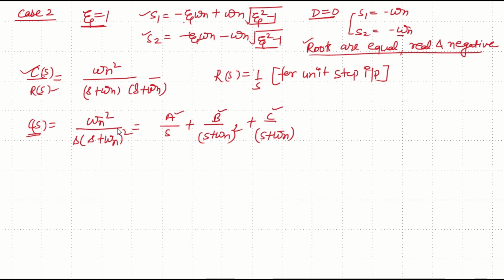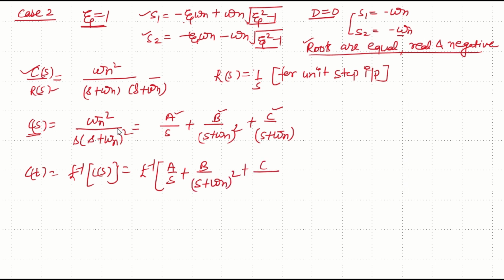These are not important. We just want to know the nature of the output response. So Ct will be the inverse Laplace of Cs, which is the inverse Laplace of a by s plus b by s plus omega n whole square plus c by s plus omega n.